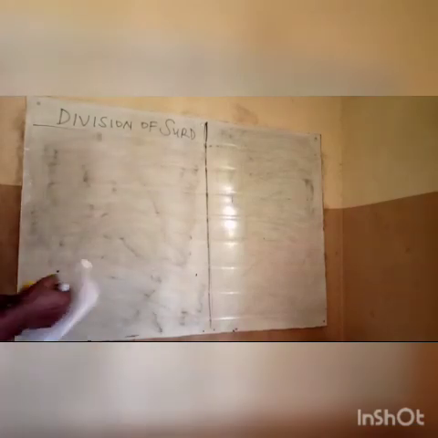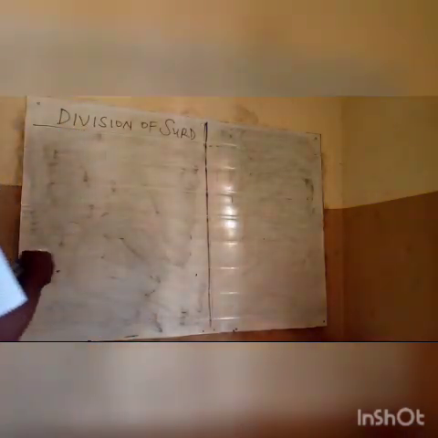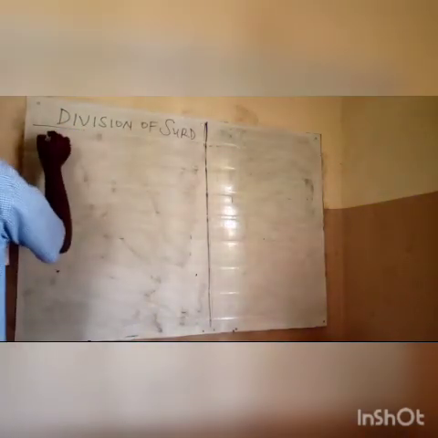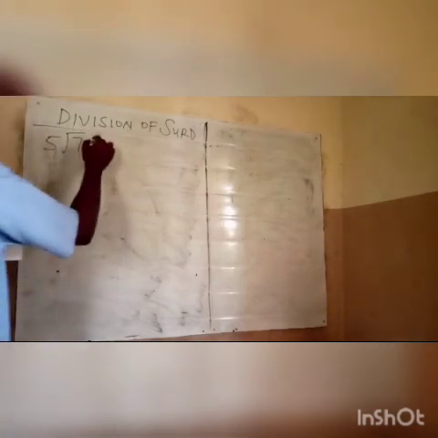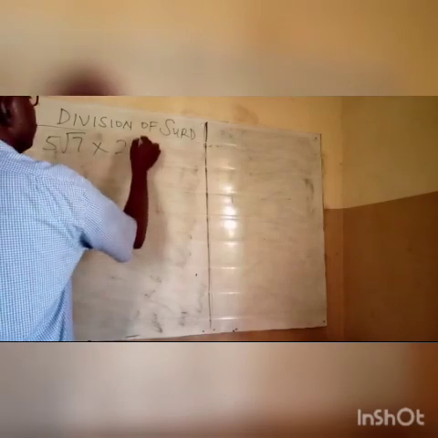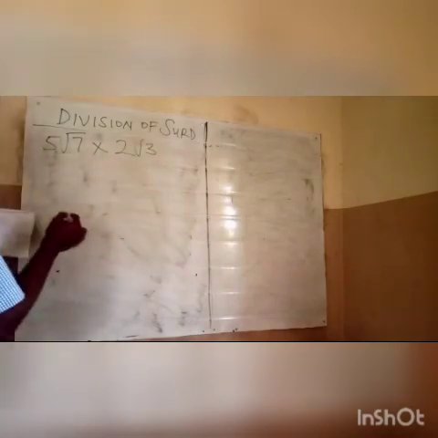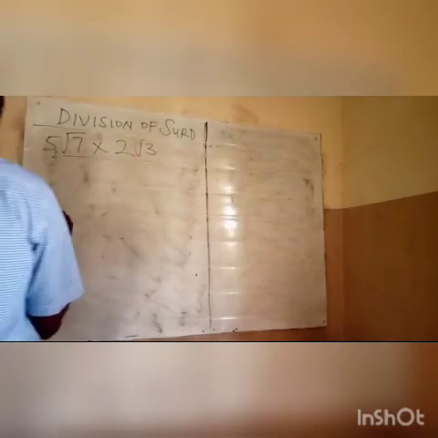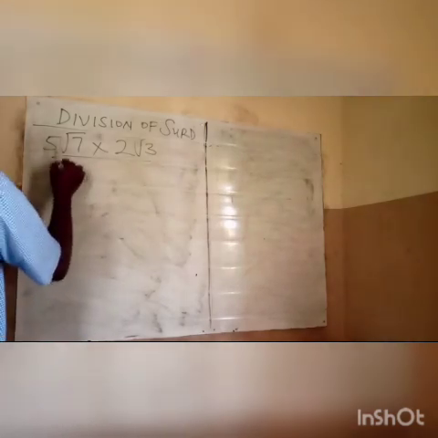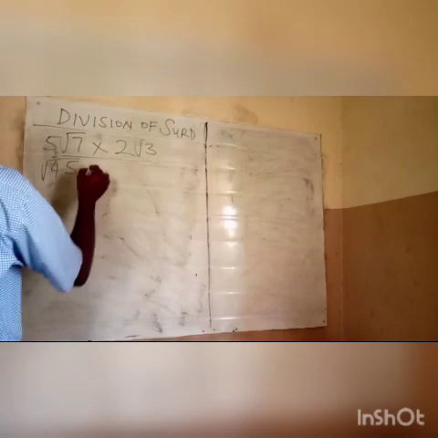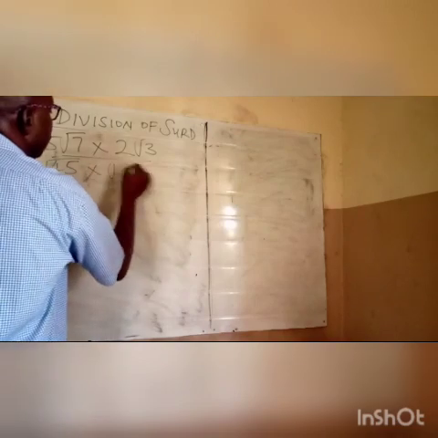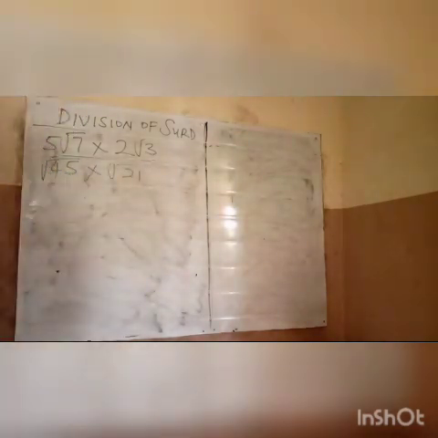I'm going to take something like this: 5 root 7 times 2 root 3, all over root 45 times root 21.